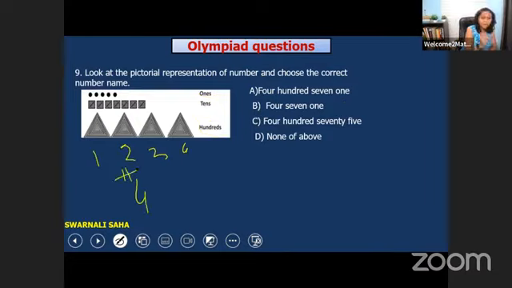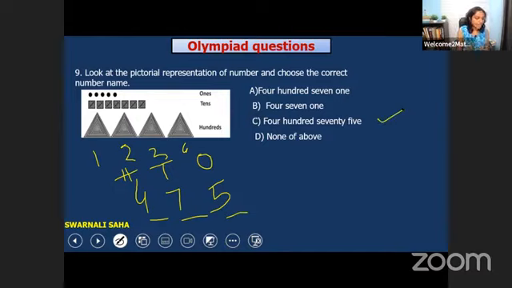In the 100s place, there are 4 triangles. So it's 400. Then in the tens place, there are 7 squares. And in the ones place, there are 5 small circles. So it's 475. Okay. So option C is the right one. 475 would be the answer. The other options are wrong.